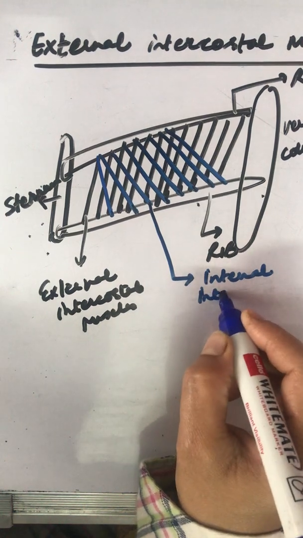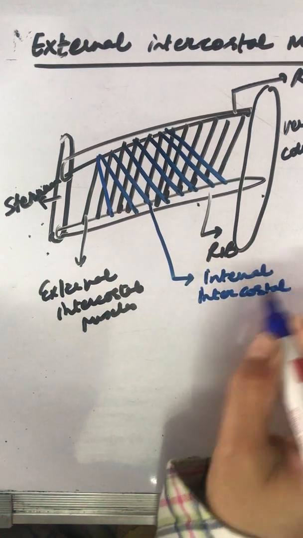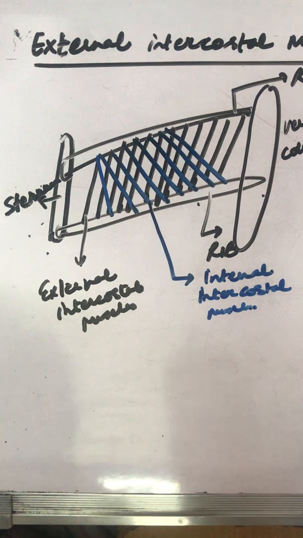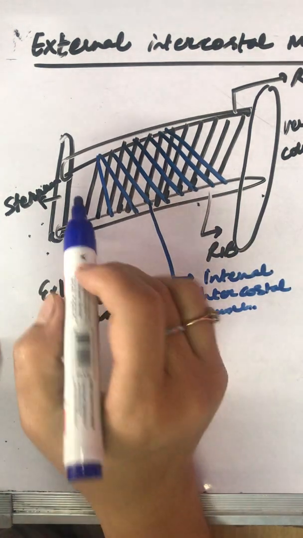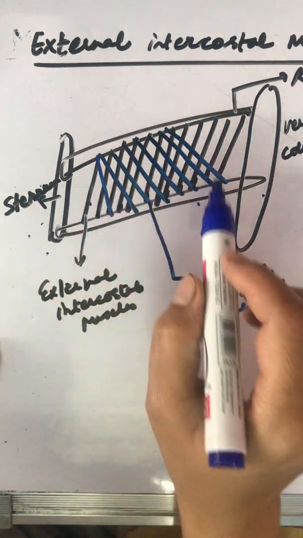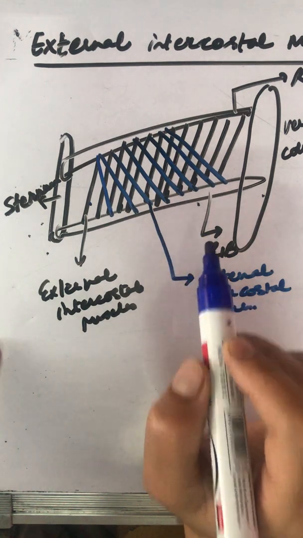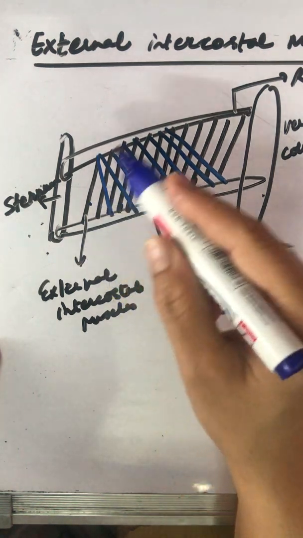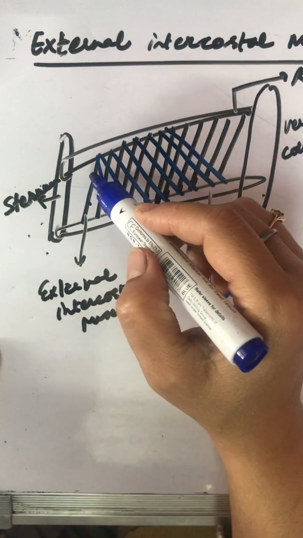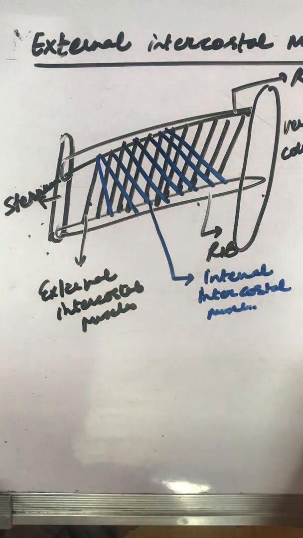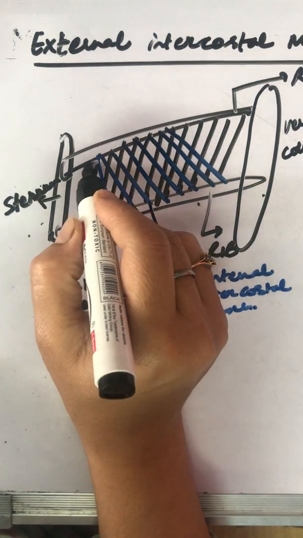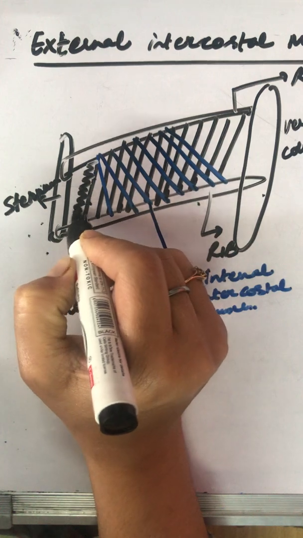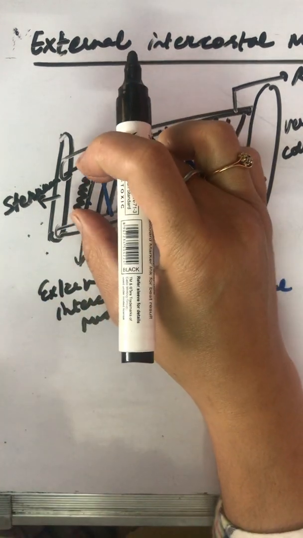Internal intercostal muscles. Now what is happening here is, the external intercostal muscles occur between the ribs. These contract and pull the ribs upward and outward. When these muscles contract, देखो ये क्या हो जाएगा, contract होगा तो इसका size short होगा, right? तो हम इसको squeeze करेंगे.